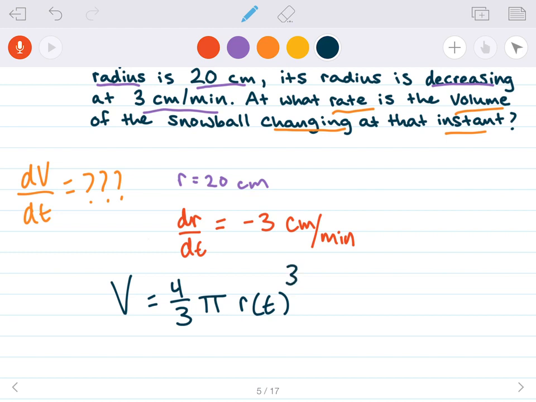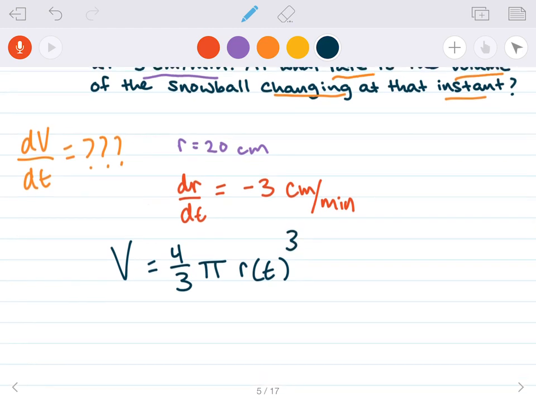I just want to show you what's happening here. Okay, so now we're going to take the derivative of both sides with respect to time, okay? Because that's what we're interested in. We're interested in the change in volume with respect to time. So if I take the derivative of the left side, I get dV/dt equals, and let's take the derivative of the right side.